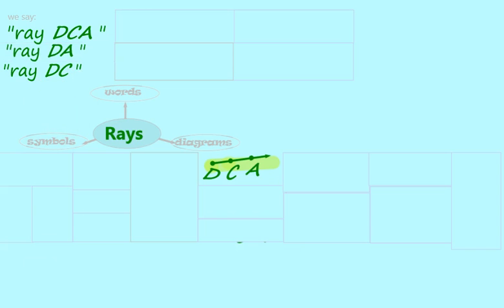Ray DA will start at D and also will go in the same direction, passing through A. And because these three points are collinear, when you say any of these three statements, they actually represent the same object. Be careful not to write the name out of order.